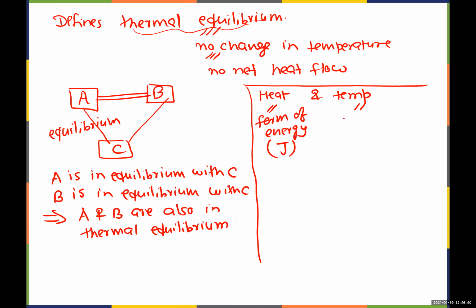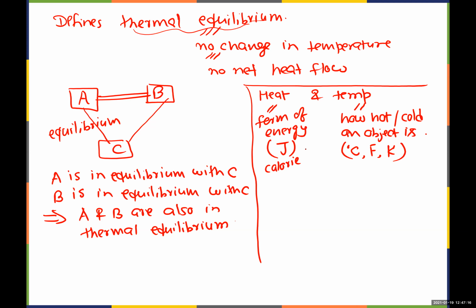It measures how hot or how cold an object is. It is measured in degrees Celsius, or Fahrenheit, or the Kelvin scale. Just like joule, energy can also be measured in calories. We'll come to this point later.